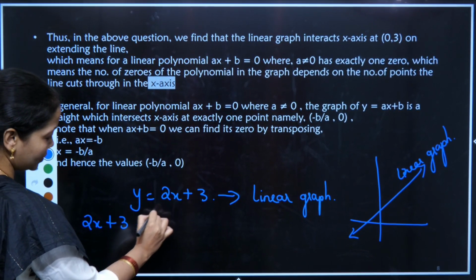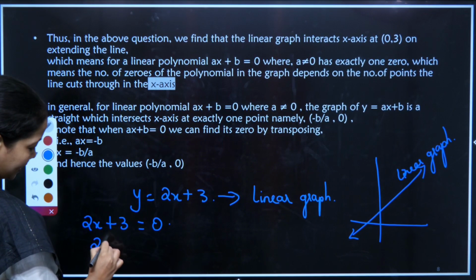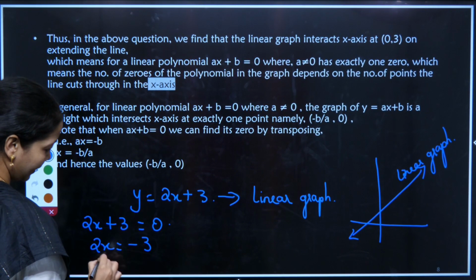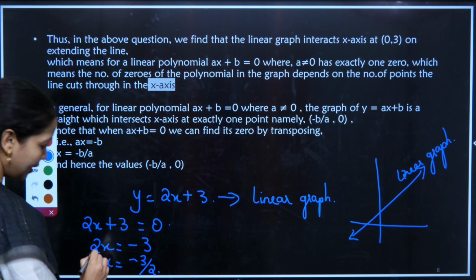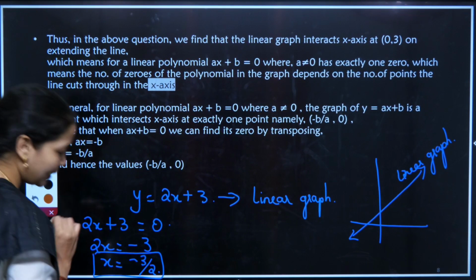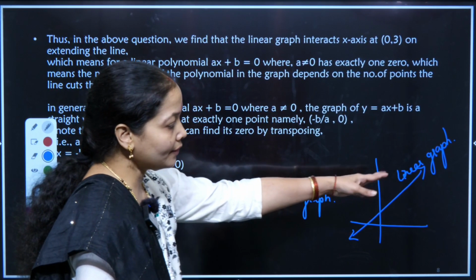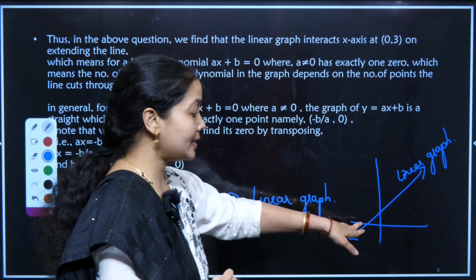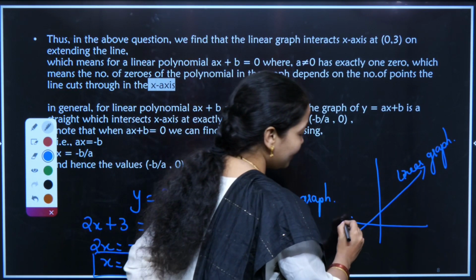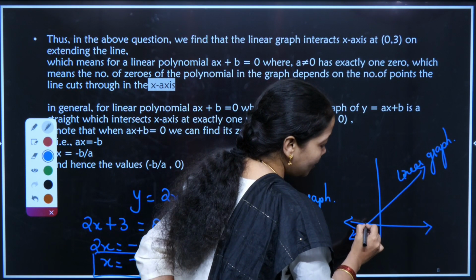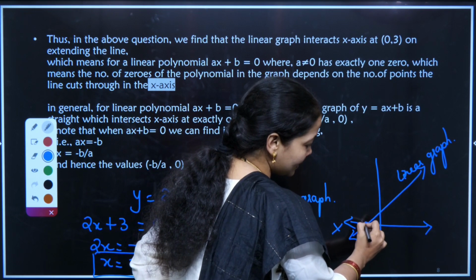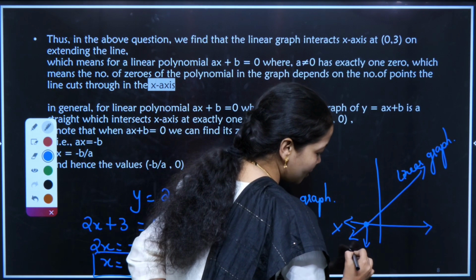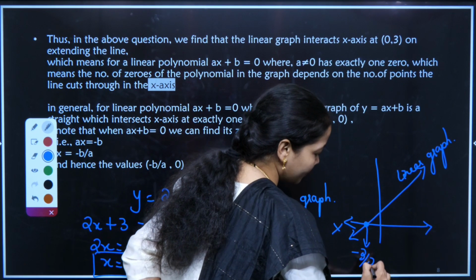2x plus 3 to 0, then 2x will be equal to negative 3 and x is negative 3 by 2. What is the meaning of x equal to negative 3 by 2? When I am drawing the graph and extending the graph towards the x-axis here, I can make out that the point of intersection of this graph on the x-axis is at the exact position of negative 3 by 2.